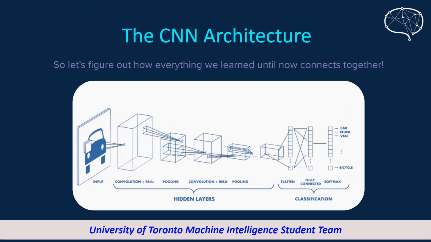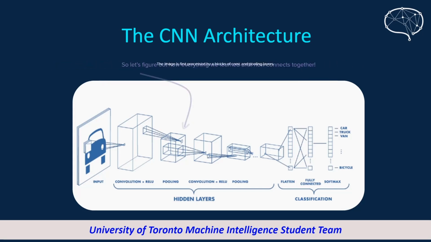The CNN architecture. So let's figure out how everything we learned so far connects together. The image is first processed by blocks of convolutional and pooling layers. It is very important to note that when we add more convolutional layers along with pooling layers, the depth of the model increases.